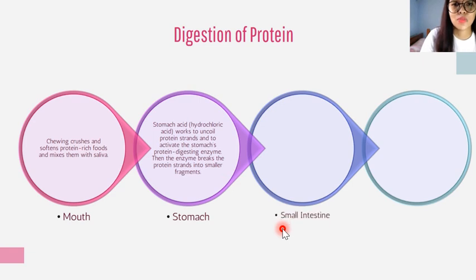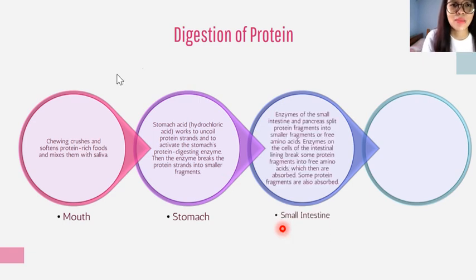And then in your small intestine, enzymes of the small intestine and pancreas split protein fragments into smaller fragments or free amino acids. Enzymes on the cells of the intestinal lining break some protein fragments into free amino acids, which then are absorbed. Some protein fragments are also absorbed.